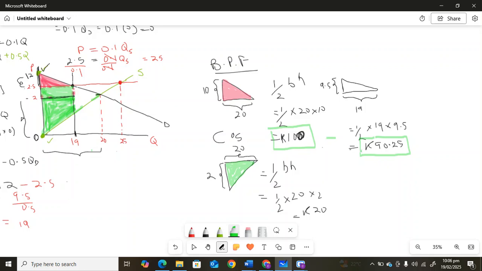So 100 kwacha minus 90.25 is 9.75. So there's been a 9.75 kwacha drop in our consumer surplus.